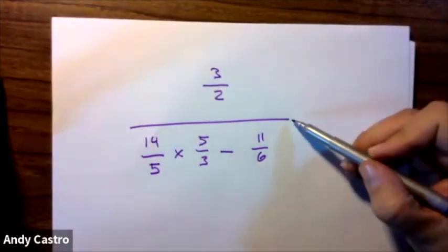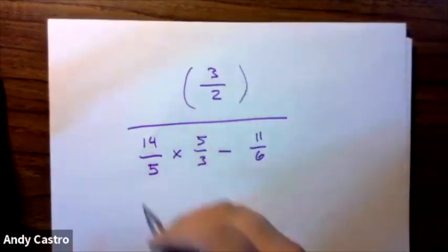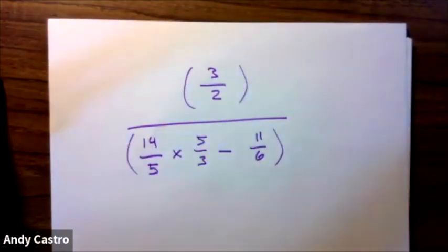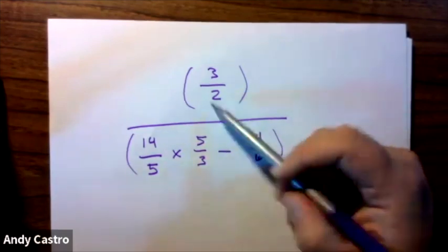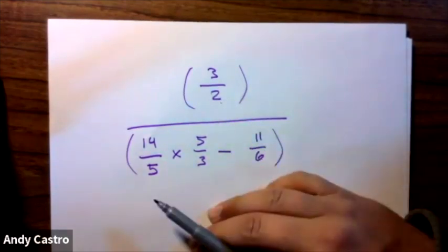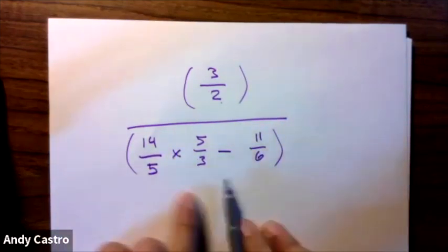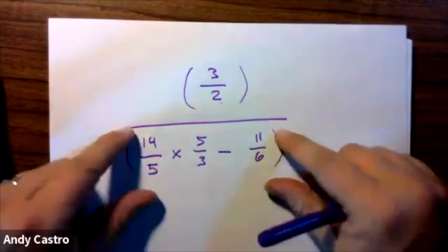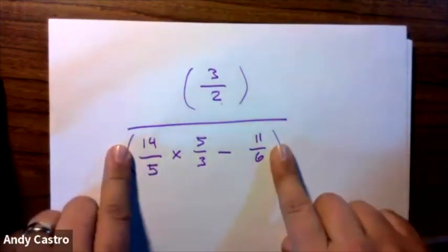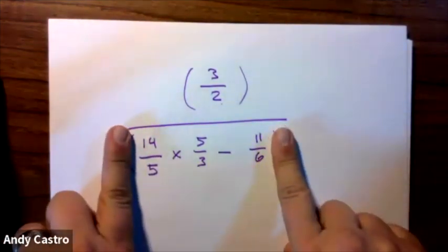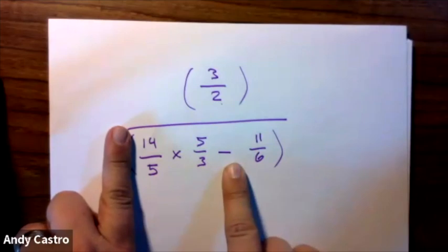Okay, so I have a vinculum. What does that mean? That means I have parentheses on top and parentheses on bottom. Parentheses on top don't matter because there's no operation other than the 3 divided by the 2, but that's a fraction that we're going to leave like that because that doesn't simplify. Okay, so we're just going to leave it. Then down here, we have these two parentheses, and so we have multiplication and subtraction.